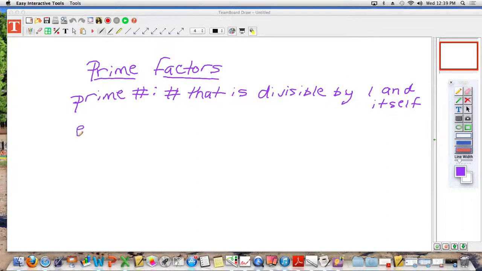And now I would like you guys to make a string of the first several prime numbers. By definition, the very first prime number is the number 2. 2 is divisible by only 1 and 2 itself. That's what the word itself means. So 2 is a prime number.